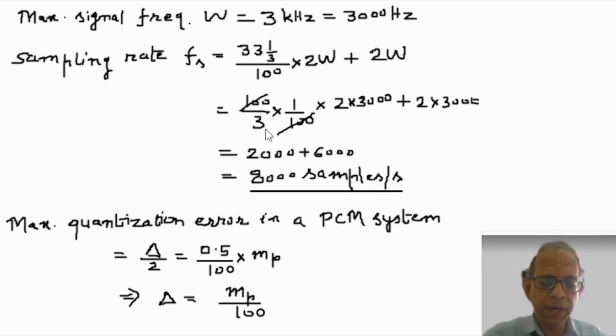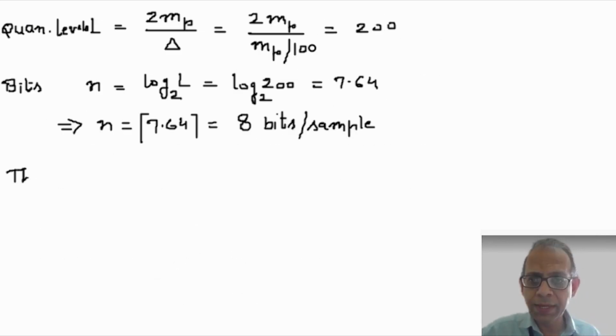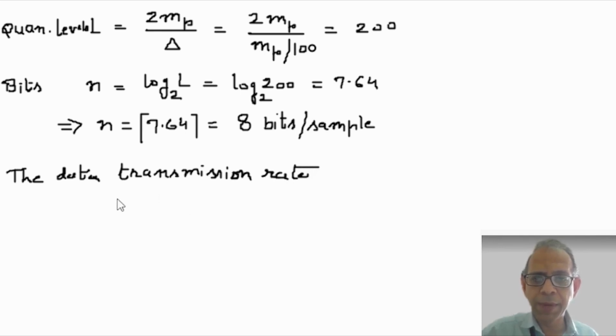What next is asked here is to find the minimum bandwidth of a channel required to transmit the encoded binary signal. For that we need to first compute the data transmission rate, or the bit rate, denoted by TR, transmission rate, equal to N Fs.